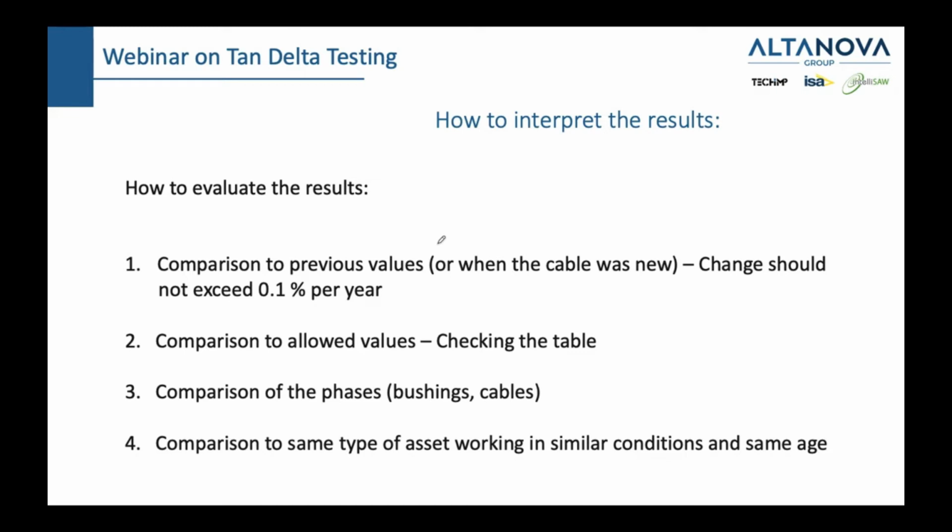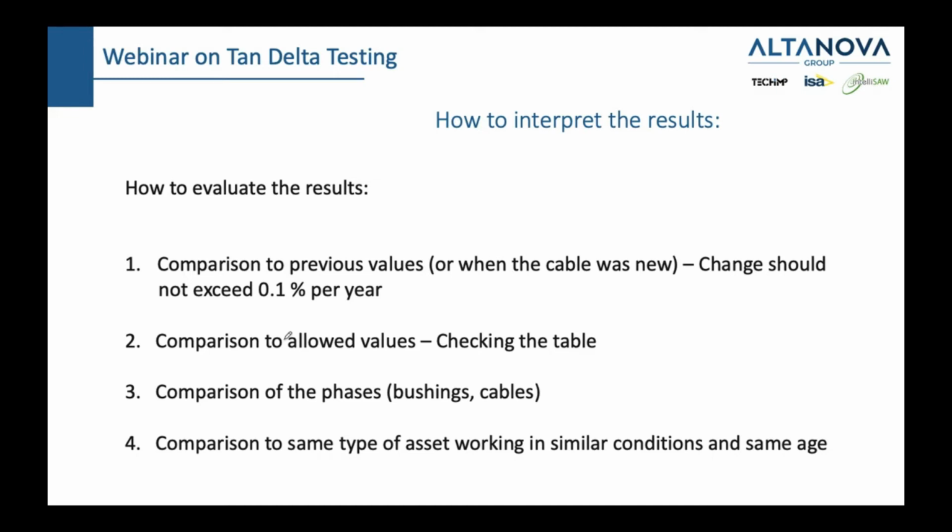If you can dig out that information and bring it to the test site, you will see what was the tan delta when the transformer was produced and what is the tan delta today, which is something which can definitely tell you if you have an issue or not. Also, as we mentioned before, the change should not exceed 0.1% per year or less. The next way how to evaluate results is comparison to allowed values.